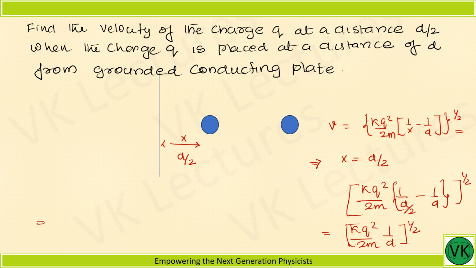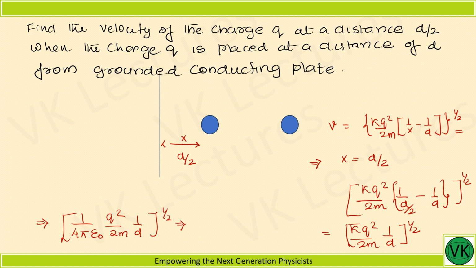Again, if you want to simplify, k can be written as 1 by 4 pi epsilon naught, so 4 pi epsilon naught q square by 2m into 1 by d to the power half.